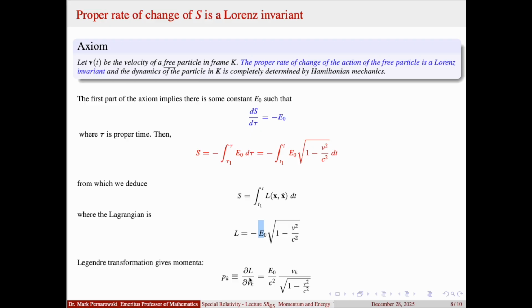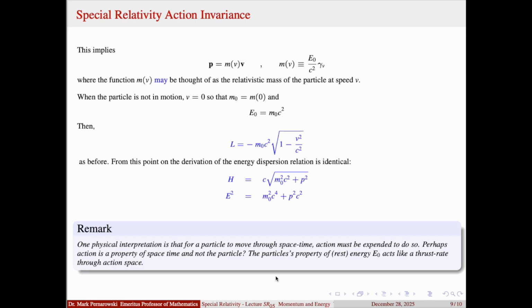I can define momentum as I take the partial of the Lagrangian in the velocity components, and you get a formula for that. It implies something almost identical, that the momentum is some function of v times the 3-velocity, and that function of v has got to be E naught over c squared times this gamma factor.